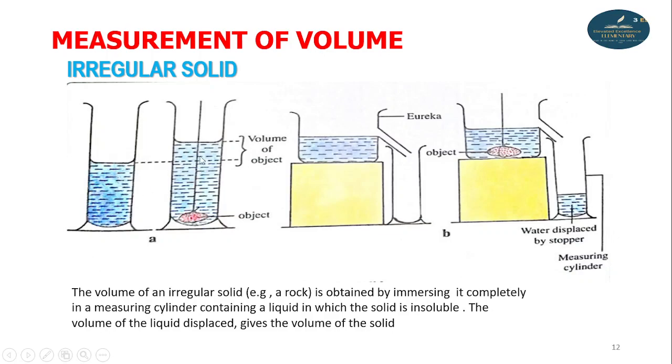Can we see that here? So when this object is placed into this water, into this container, the volume of the liquid will be displaced. That means the volume of liquid will increase. So as it increases, we can actually determine the volume of the object with that.